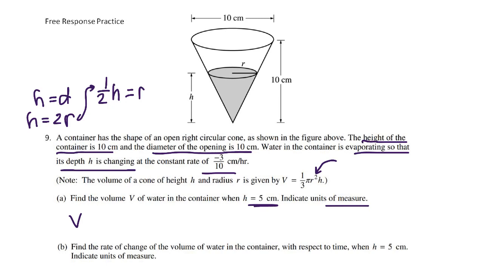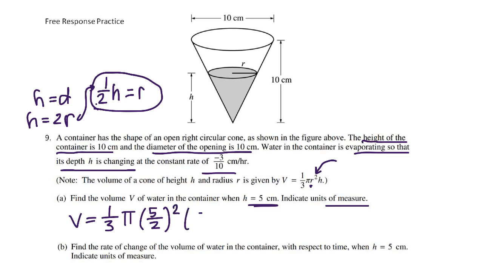We know volume equals 1/3 pi times our radius squared. Now, we were not given the radius, but we know a relationship between the radius and the height. So the radius was half of the height, and we're told that the height is 5, so the radius is 5/2 squared, because the formula squared, times the height, which is 5.